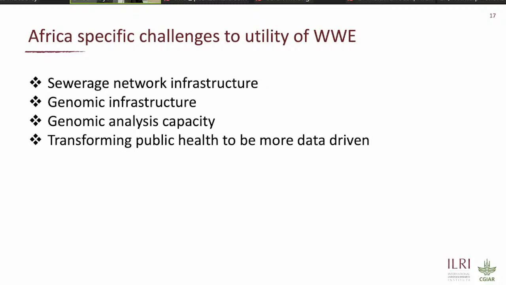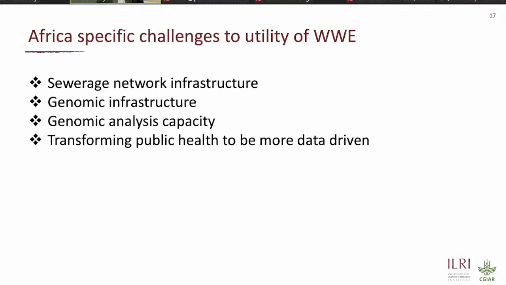The other temporary challenge is genomic analysis capacity. I know that there is training now going on in Africa to improve the genomic capacity and expertise to be able to use this technology for the benefit of Africa as a continent.